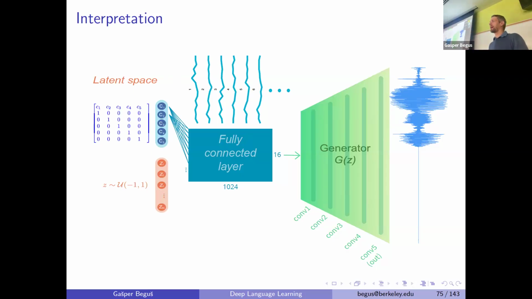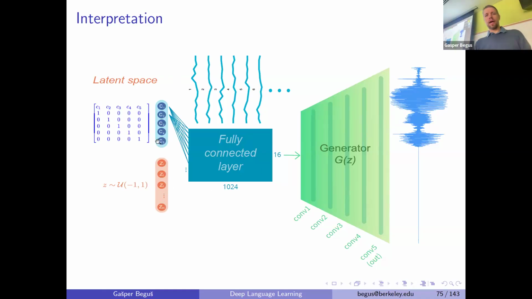Later on next week, Stefan will introduce how these codes can actually be referential meaning if you add vision to the models. But these codes first get appended to the rest of the latent space, the Z space.